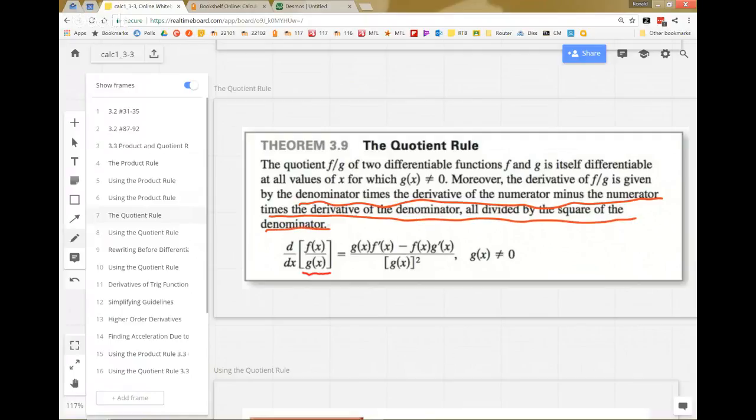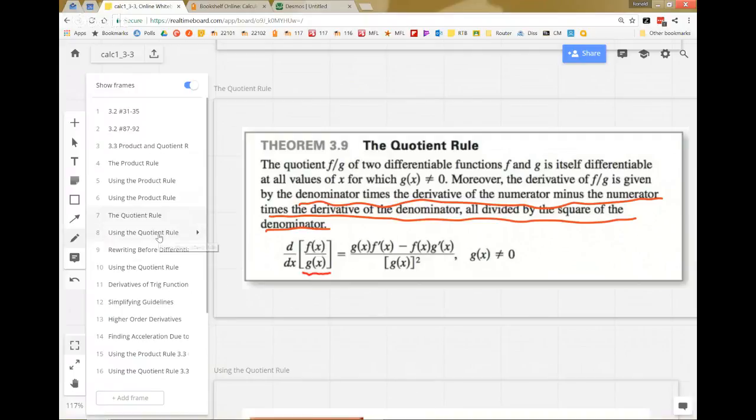So I'll just go through that again. When you have a quotient and you want to take the derivative, you take the denominator multiplied by the derivative of the numerator minus the numerator times the derivative of the denominator, all over the denominator squared. Again, you need to commit that to memory.